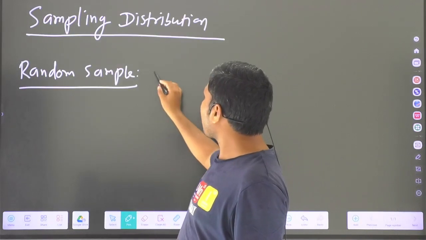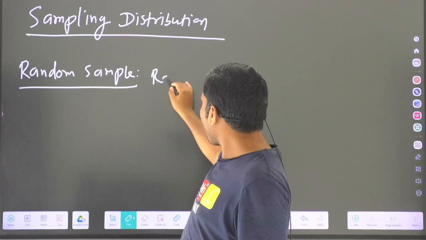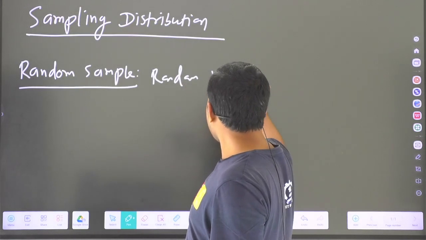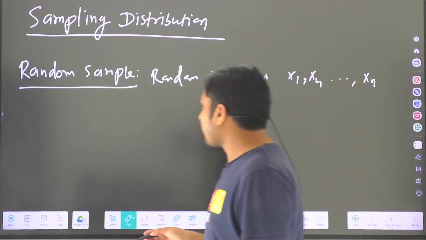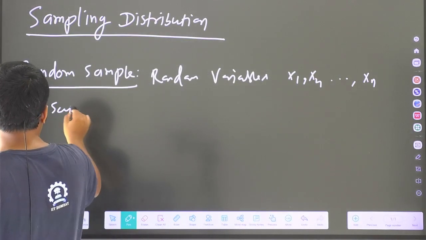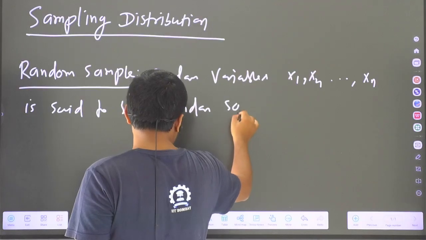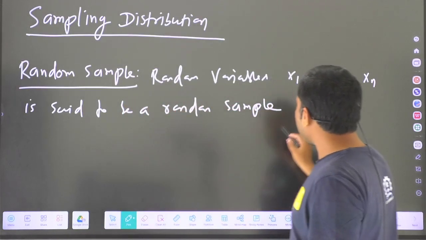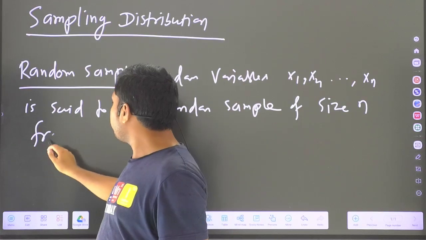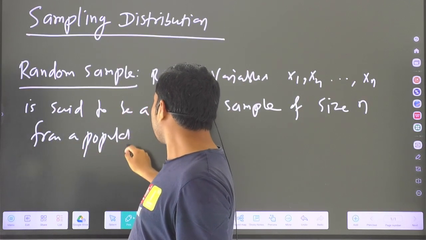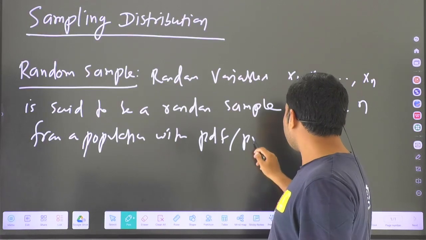Let's say random variables x1, x2, dot, xn are said to be a random sample of size n from a population with PDF or PMF.